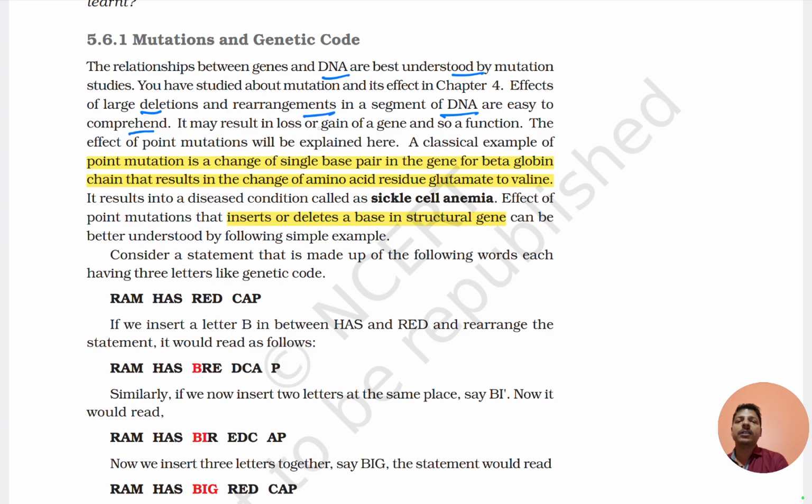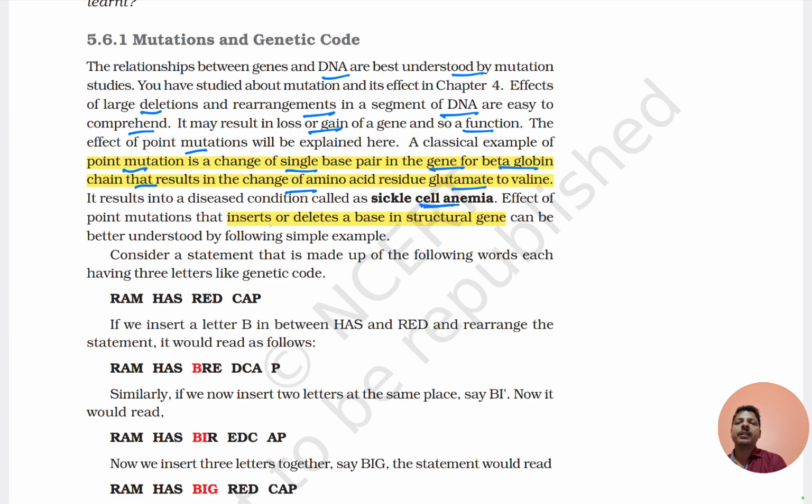It may result in loss or gain of a gene, and so a function. The effect of a point mutation will be explained here. Point mutation is the change of a single base pair in the gene for the beta globin chain that results in the change of amino acid residue glutamate to valine. It results in the disease condition called sickle cell anemia.